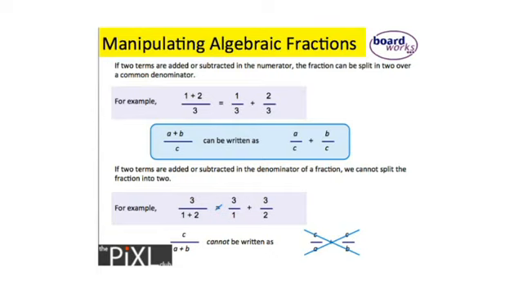If we were given that, as we had in the last one, we would have gone to this answer here by adding our 2 and our 3 together to give us 3 over 3. But this here enables us to work in the other direction. So we can see here generally, if we have a plus b, two terms added together, over a common denominator c, we can split those into two separate fractions.